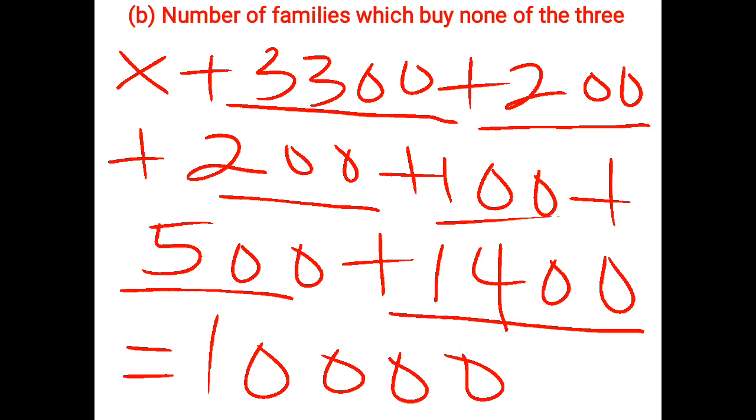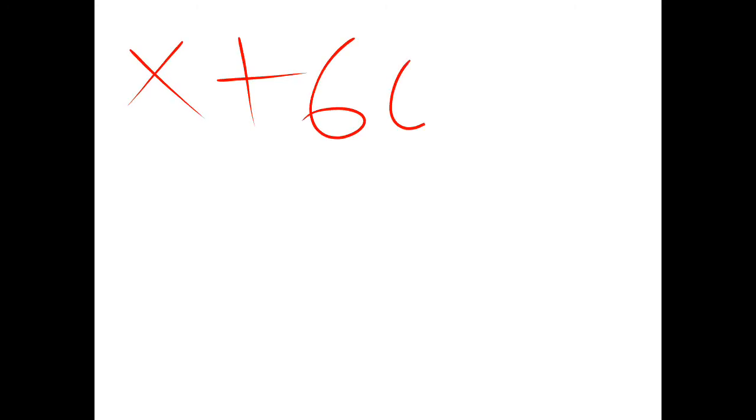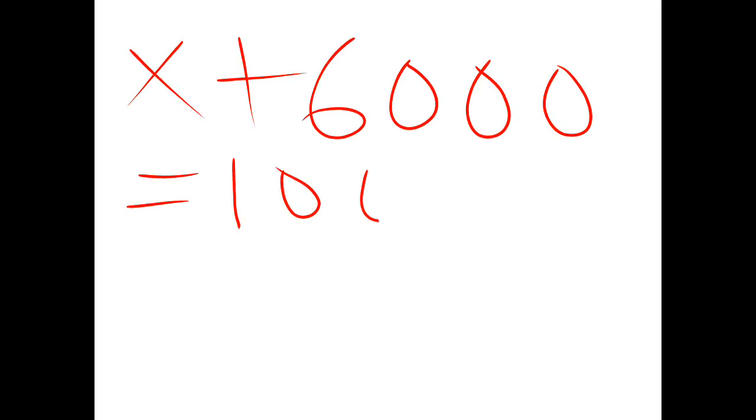So I have x plus 6,000 should be equated to the total, which is 10,000.